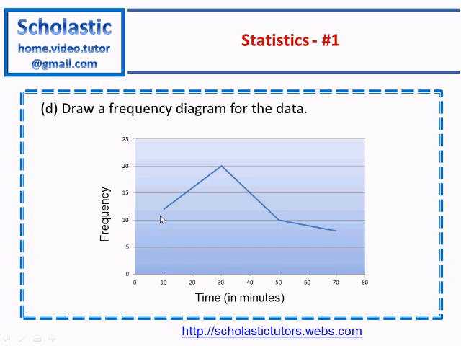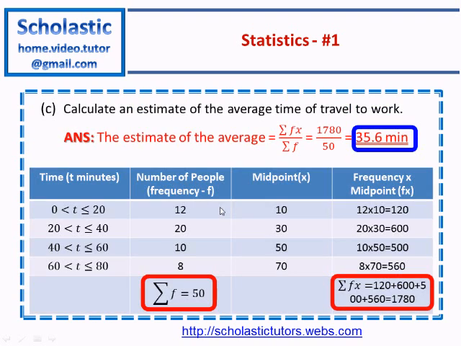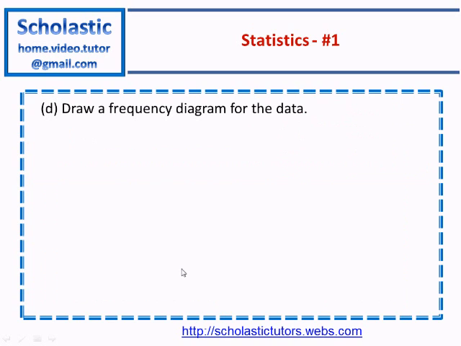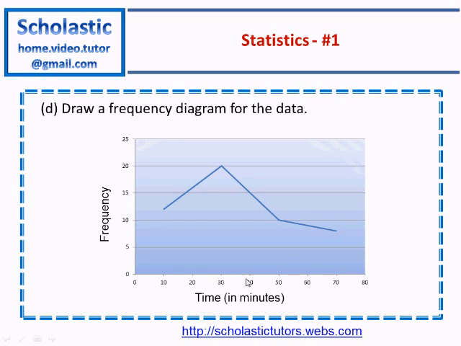For the next class, 30 is the midpoint and the frequency is 20. The next class has midpoint 50 and frequency 10, and the last has midpoint 70 and frequency 8.